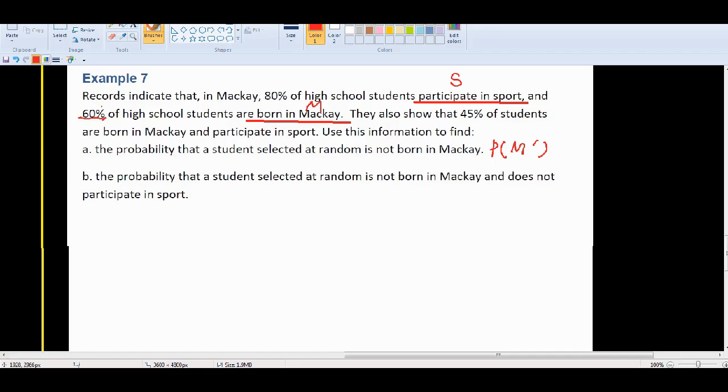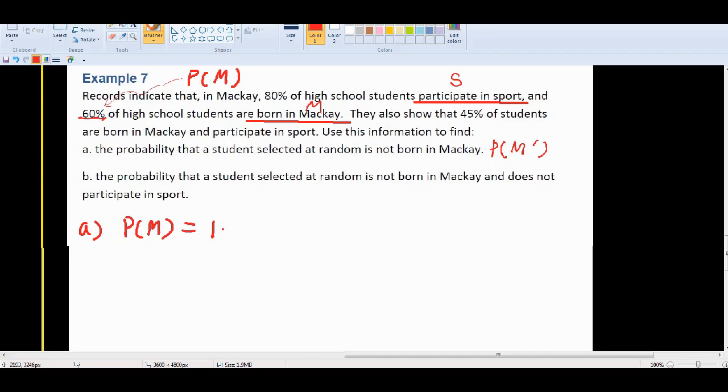When you use probability notation, it should be the probability of M, born in Mackay. So when A is about not born in Mackay, these two events are complementary events. It's not that difficult to find.